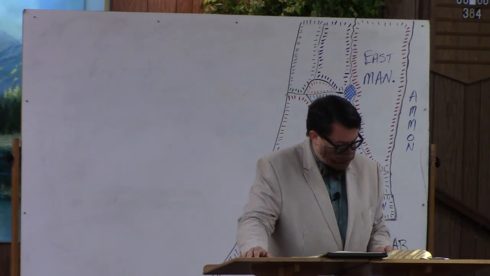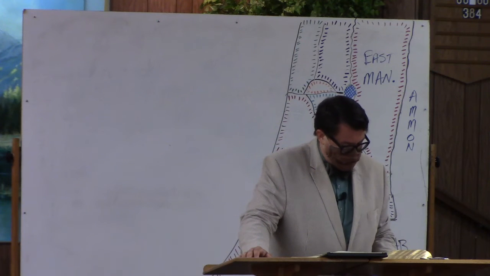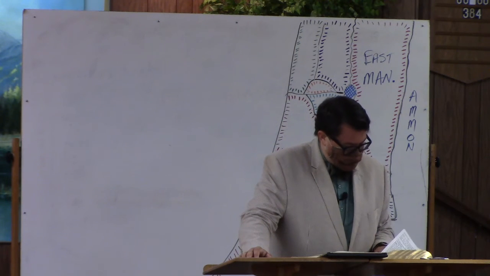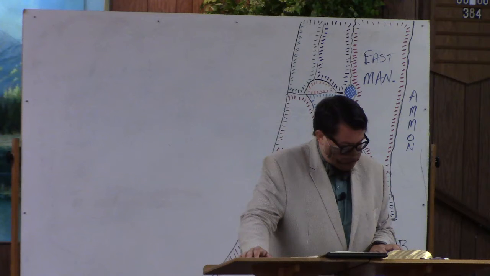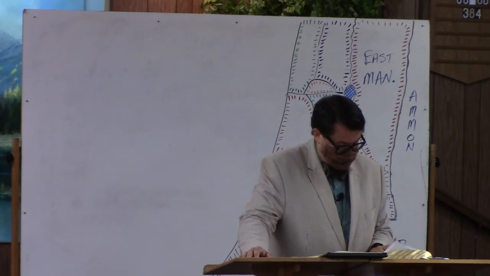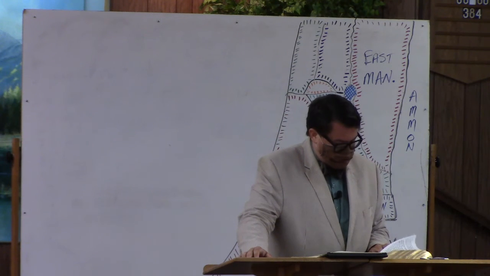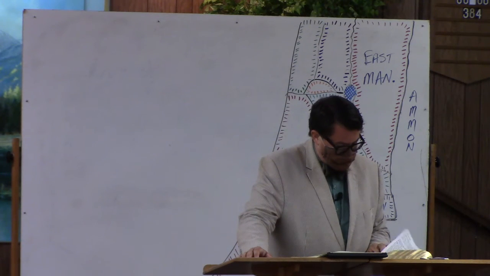Maon, Carmel, Ziph, Yotah, Yezreel, Yokdeam, Zanoah, Cain, Gibeah, and Timnah, 10 cities with their villages. Halhul, Zur, Gedor, Ma'arat, Betanot, and Eltekon, 6 cities with their villages. Kiryat Baal, that is Kiryat Yarim, and Rabbah, 2 cities with their villages.